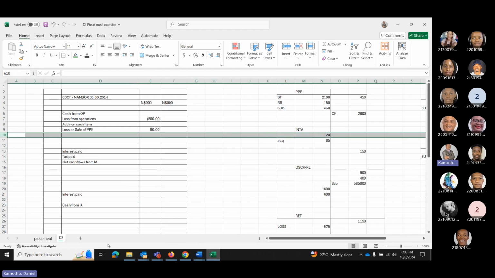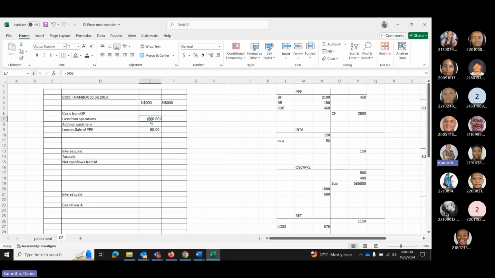Okay, so basically I started with profit, then I've added the loss on PPE, and the item that was removed was 450. That's why I have removed 450, and this is disposal, of course. And that disposal brought up a loss, which we are adding back because a loss on disposal is not a cash flow issue.